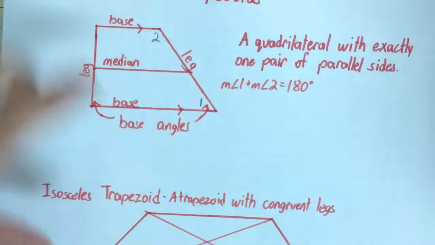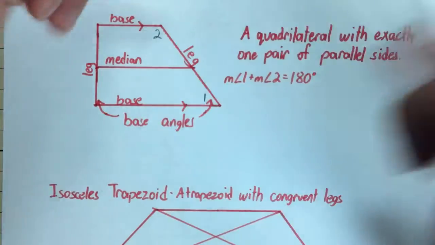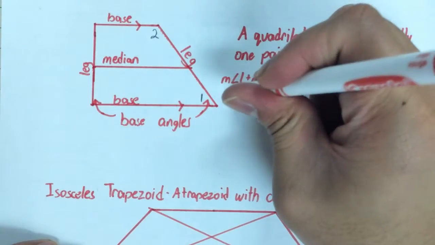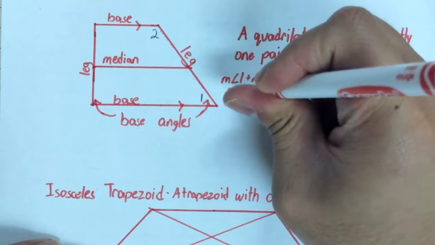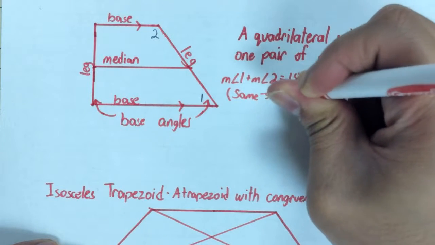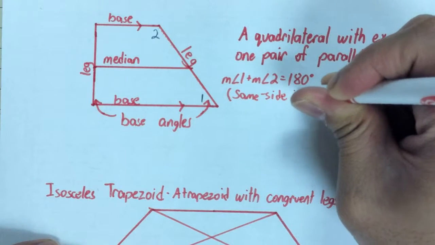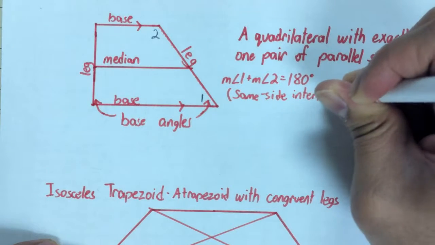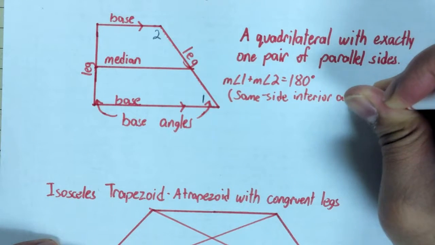And this is true because we have two parallel lines cut by a transversal. Angle 1 and angle 2 are actually same side interior angles, which are supplementary.